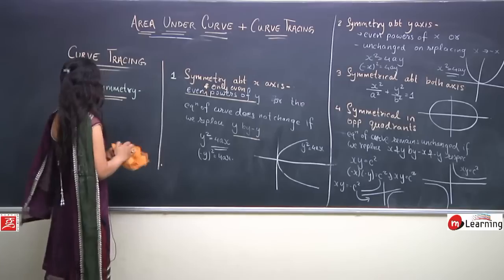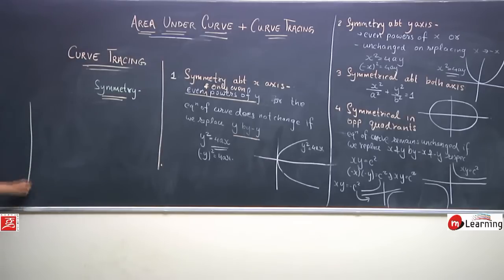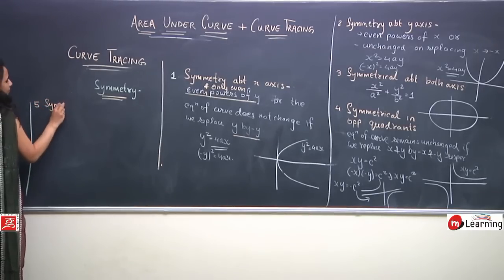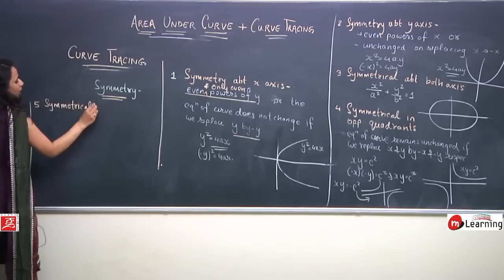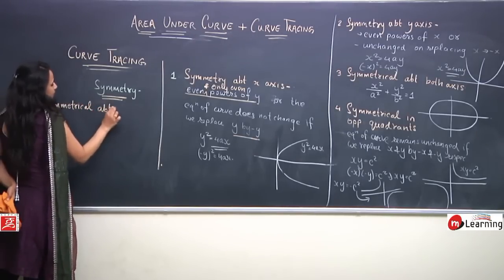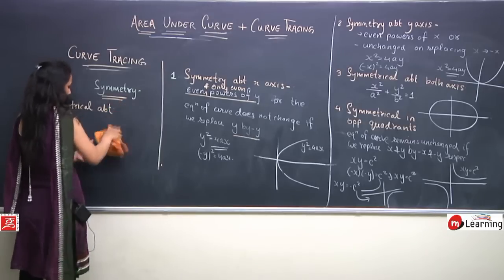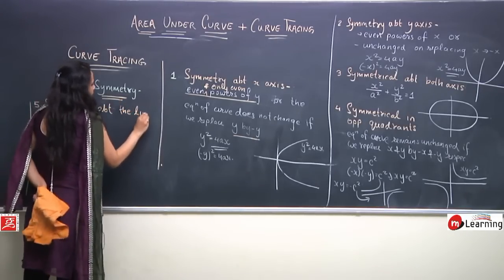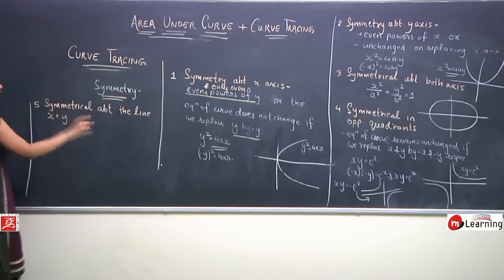The last type of symmetry which we can check is, we can check whether a curve is symmetrical about the line x equals to y.